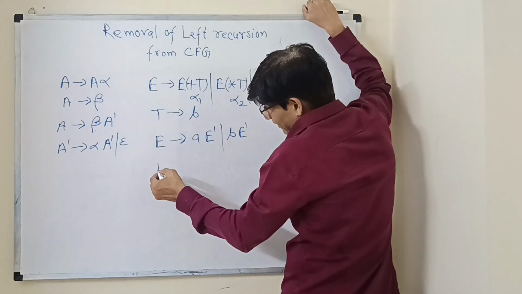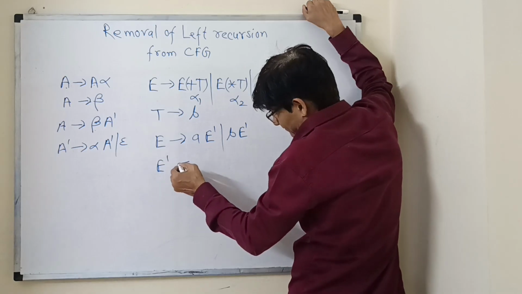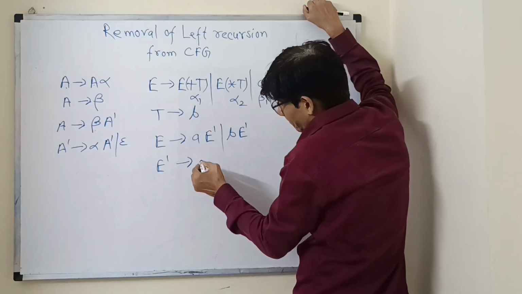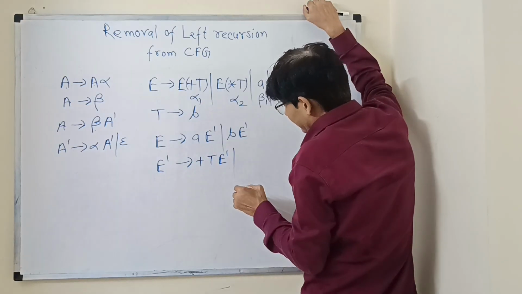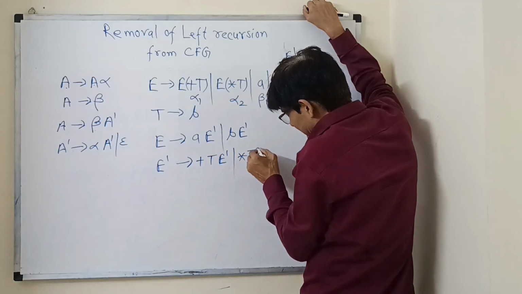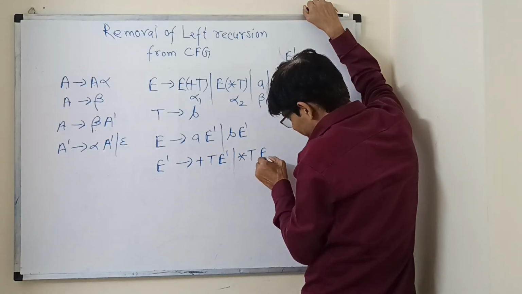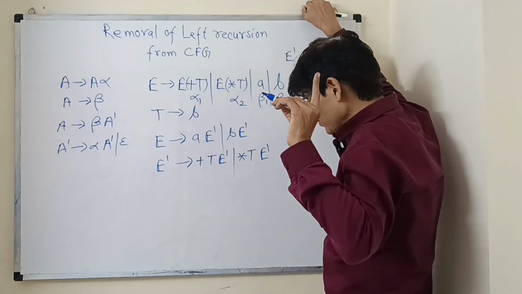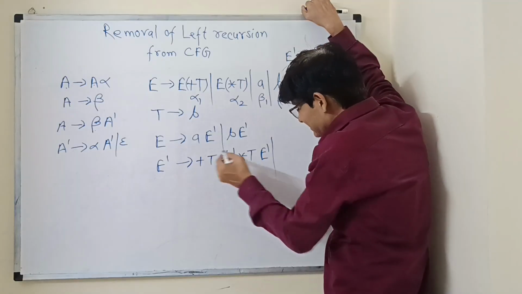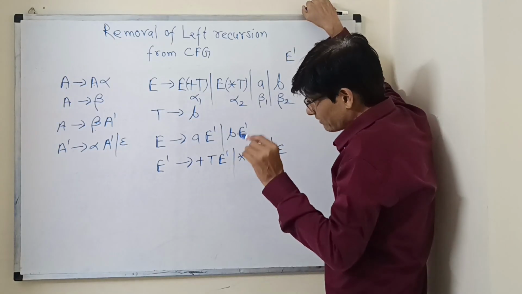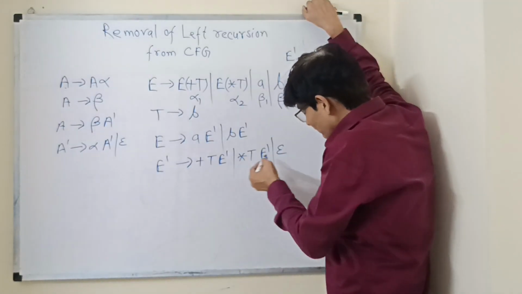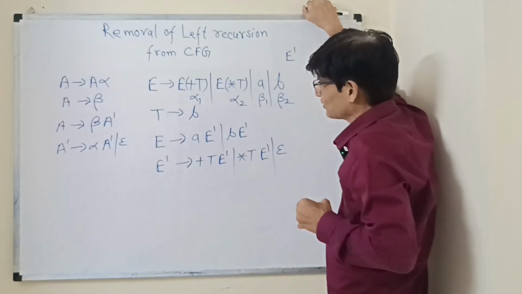Now I will write the production of E' as alpha 1 A'. So alpha 1 is plus T E', and alpha 2 A', that means asterisk T E'. And we always add one more production, E' gives epsilon. For the variable which we are adding to the grammar, we create an epsilon production of that particular variable.